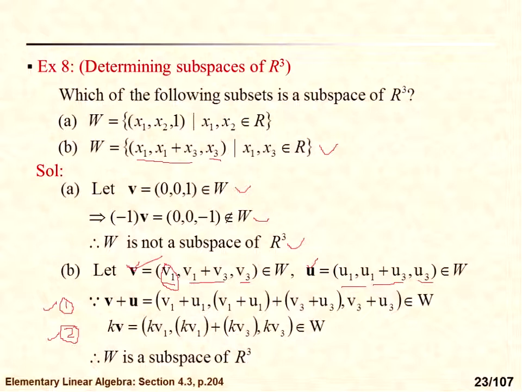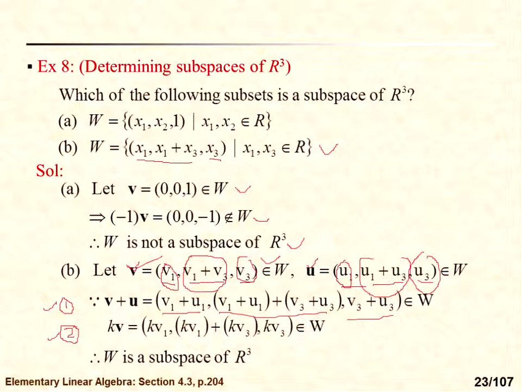First of all, I write u plus v. So I write the first element of u and the first element of v, then put the comma and add the second element of u and the second element of v.